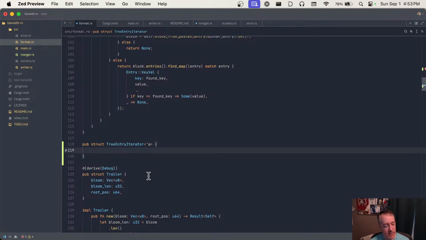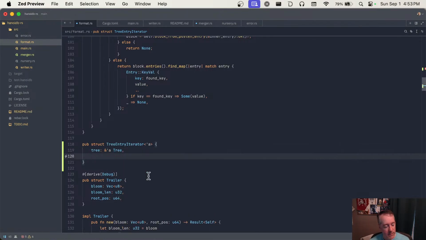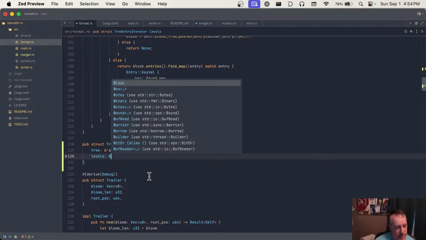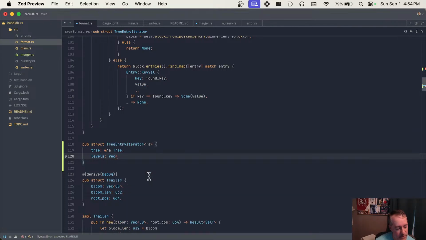And this is going to be so the tree, we're going to borrow the tree, right? And then we're going to potentially run into some problems here, but I think we'll have levels. It's going to be a vec of entry iterators.